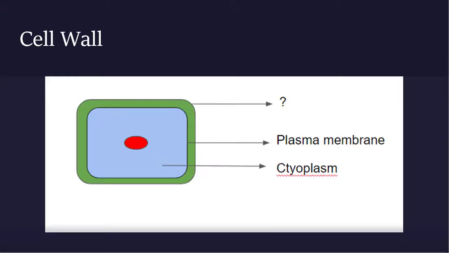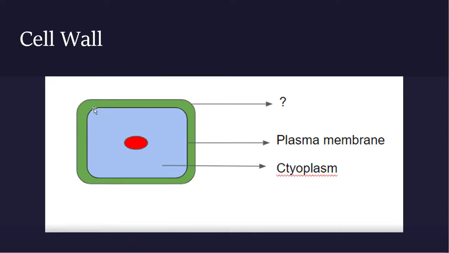And now the very important one, another one: cell wall, which is over the cell membrane. Is the cell wall present in plant cells or animal cells? Is the cell wall present in animal cells, children? No, the cell wall is not present in animal cells. It is present only in plant cells.